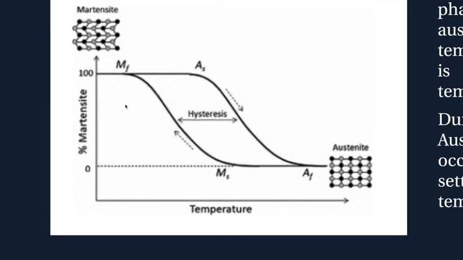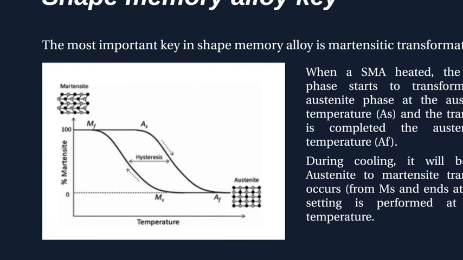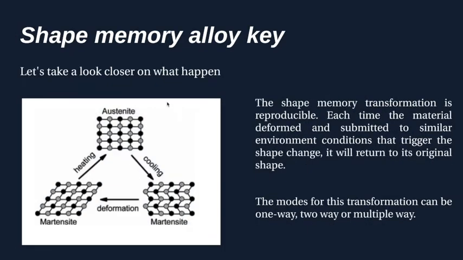Yeah, and how much percentage of martensite can be finished depends on this cooling down process. Okay, if we see how the cycles, okay, so from the martensite, heating become austenite, cool down, it has this structure.